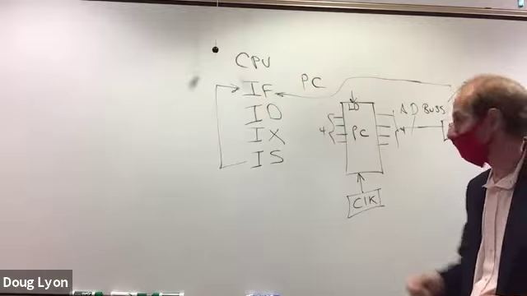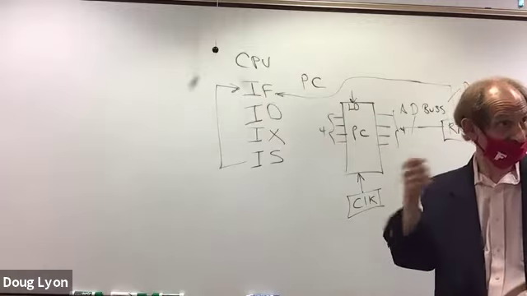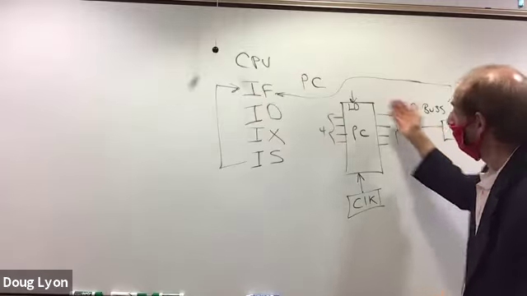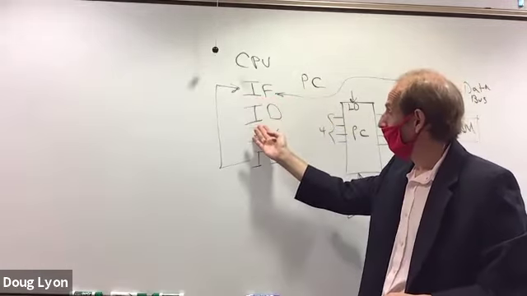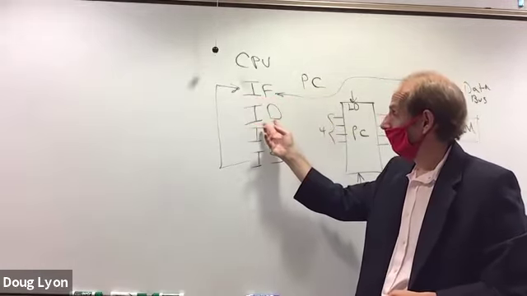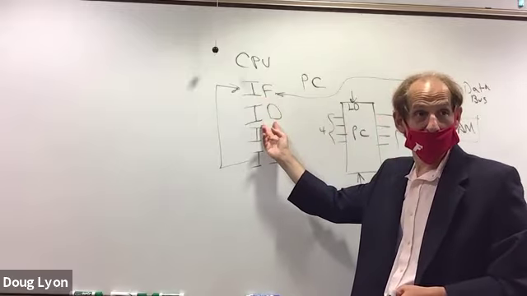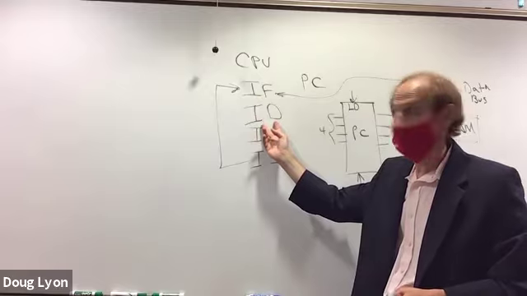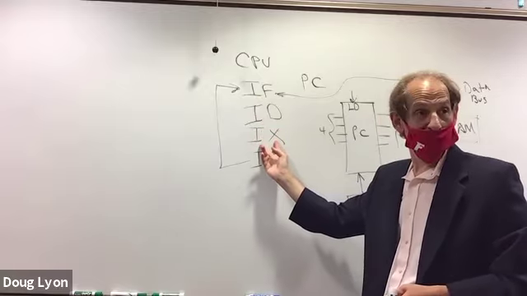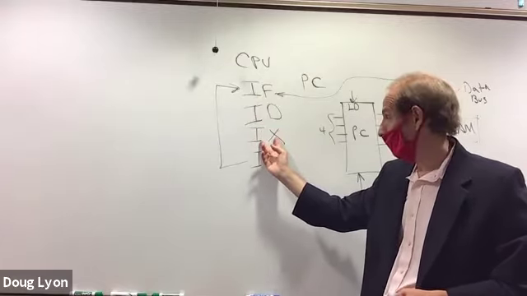Give it a clock pulse. That'll get it to the next address. Here comes the instruction. Program counter gets advanced. CPU decodes the instruction to figure out what it's supposed to do. Executes the instruction, whatever that instruction may be.